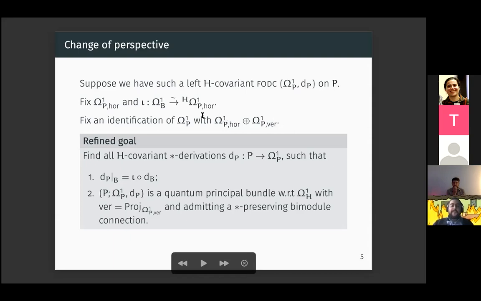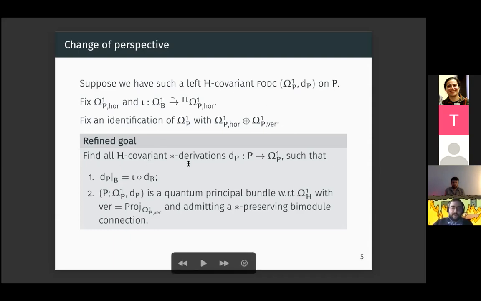In particular, I want to fix this vertical map, this contraction with left fundamental vector fields. I'm going to let the actual differential vary, but I'm going to fix the calculus on the base, the calculus on the orbits, the bimodule of horizontal one forms, the bimodule of one forms, and the contraction of one forms with fundamental vector fields.